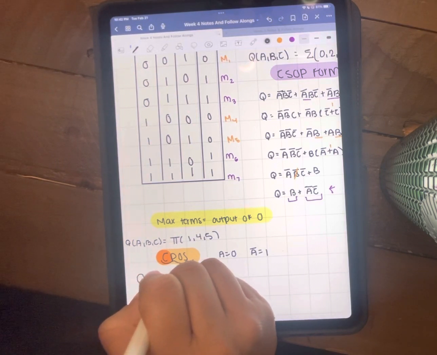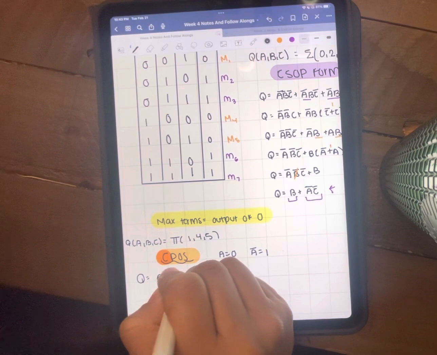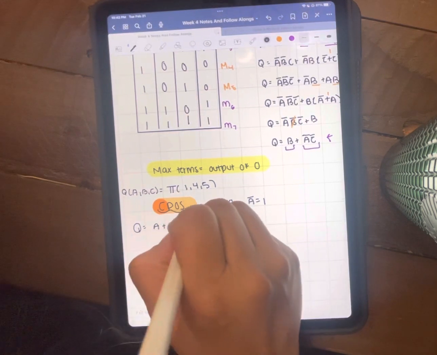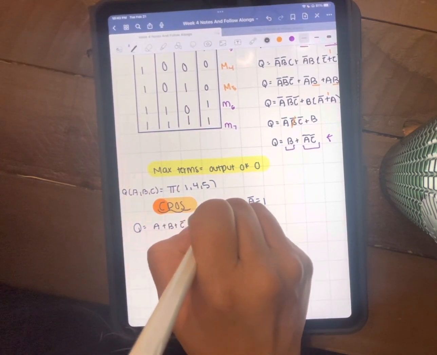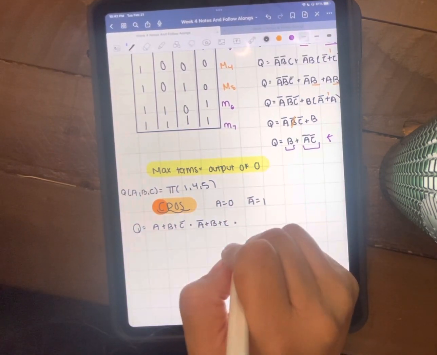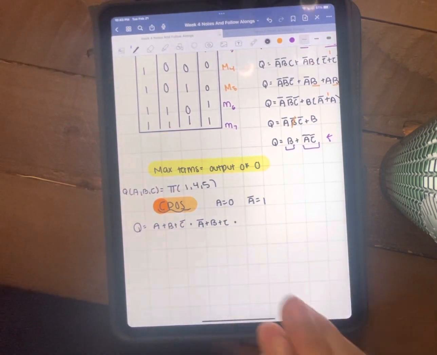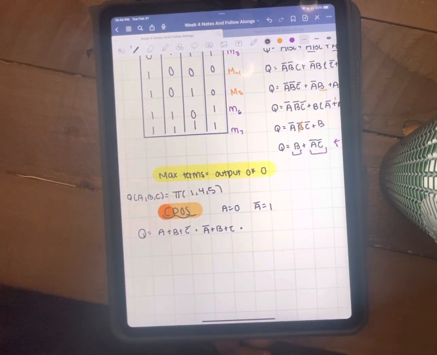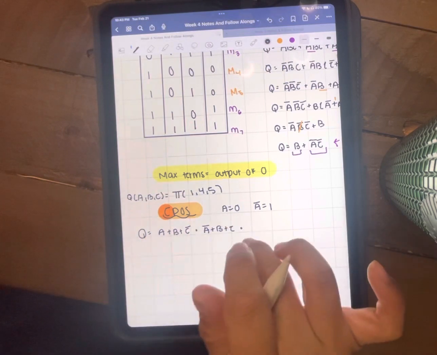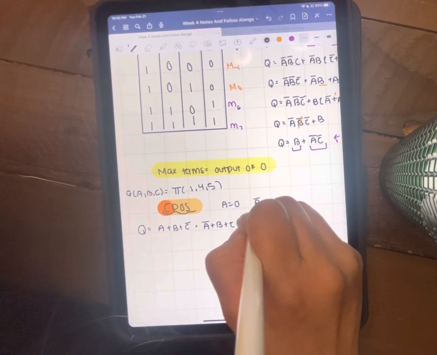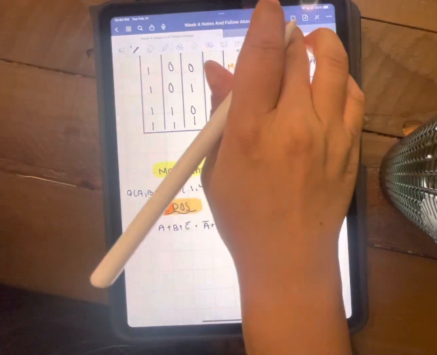So it's A ORed with B, ORed with C complement, and then we have A complement, ORed with B, ORed with C, ANDed with A complement, B, C complement.